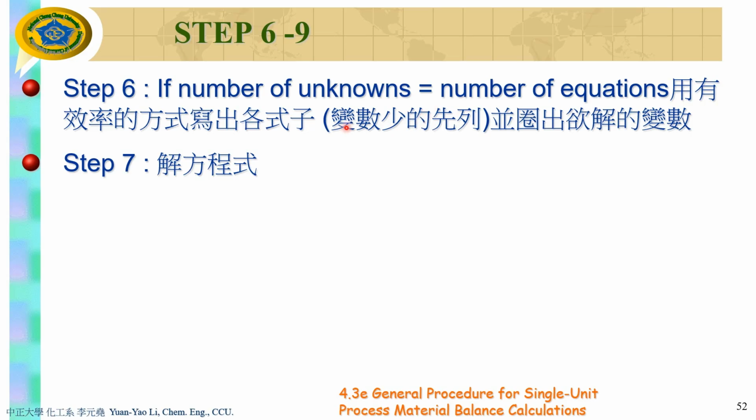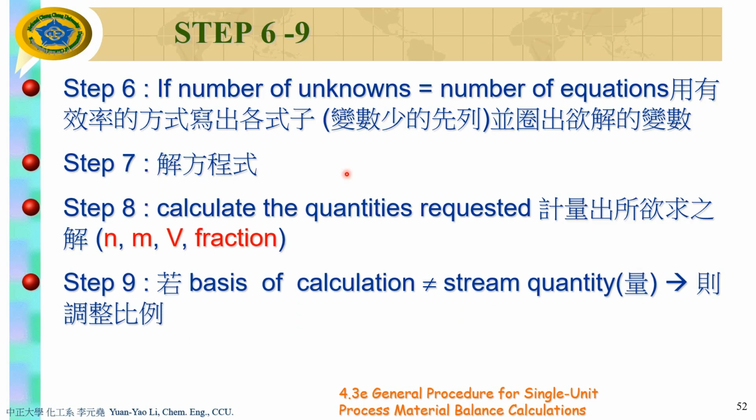So you take the fewest variables first, and then find the other variables. And step 7 is get the answers. And number 8 is, according to the requirement from the question, you might want to get a fraction, or you might want to get a value, more mass, or more. Especially for value and fraction, when you get the unknowns, you might get more information about value and fraction.